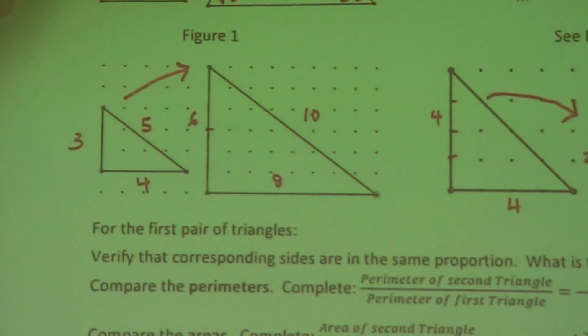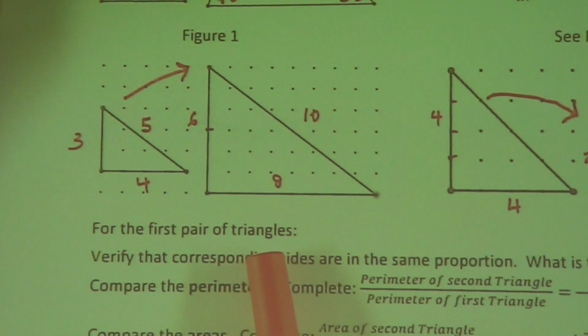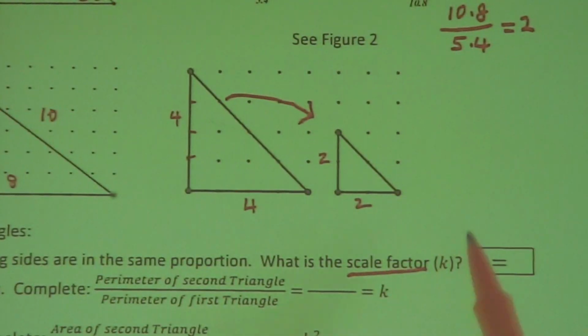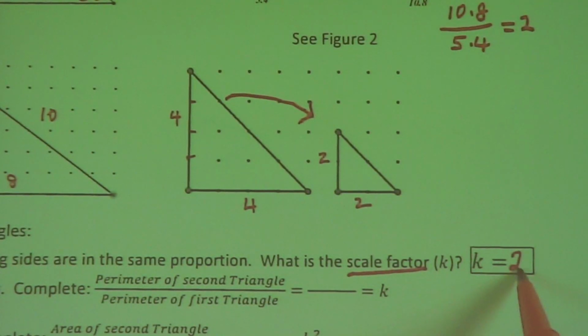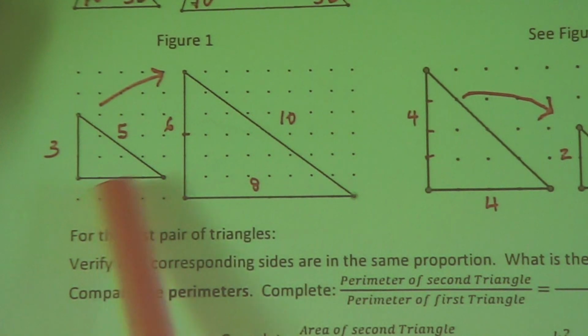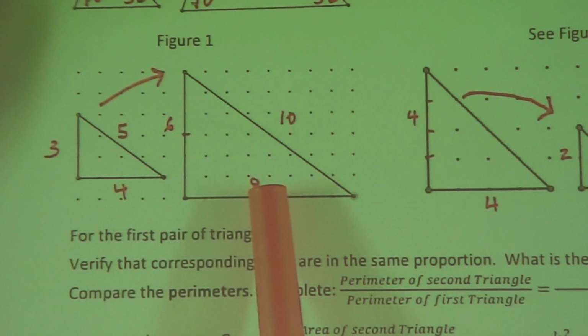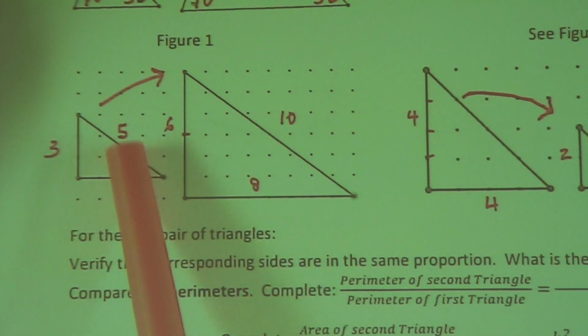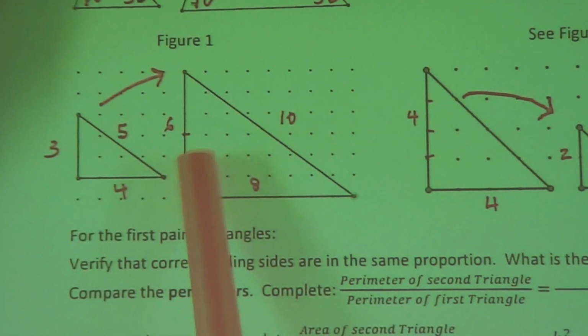So let's answer this. For the first pair of triangles, my K is 2, because I'm doubling up. To get from here to there, I multiply this by 2. 5 times 2, 3 times 2.